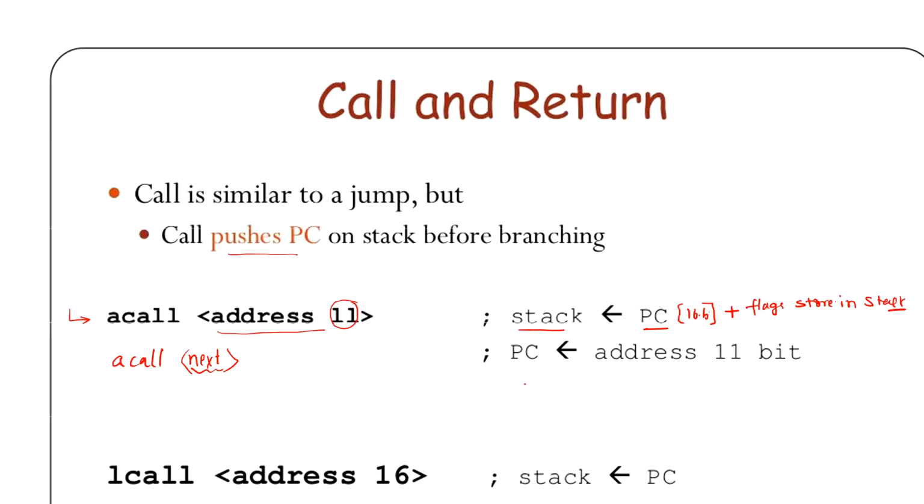And then your program counter is added with your 11-bit address and jumps to a particular location and executes your instruction. Once it is executed, at the end we use the RET instruction.